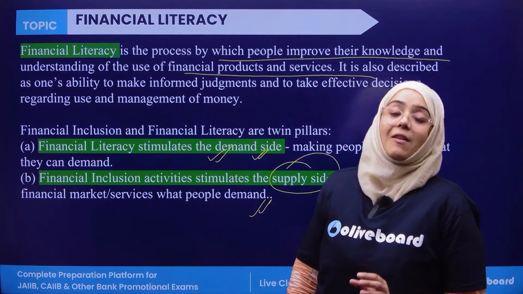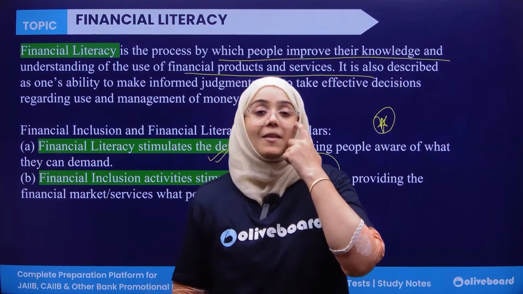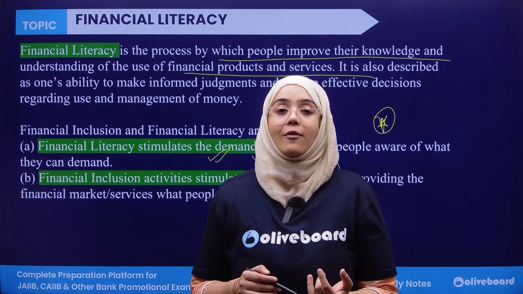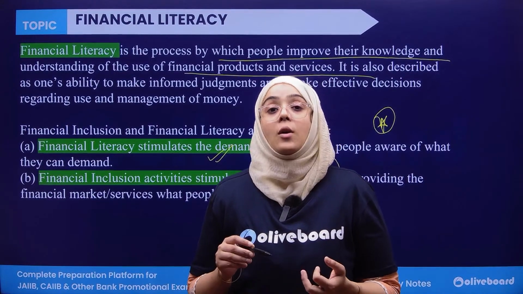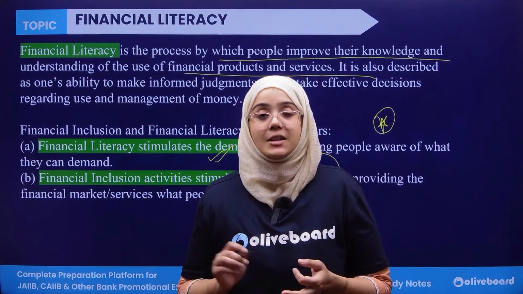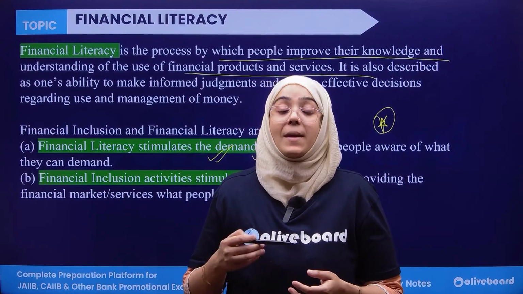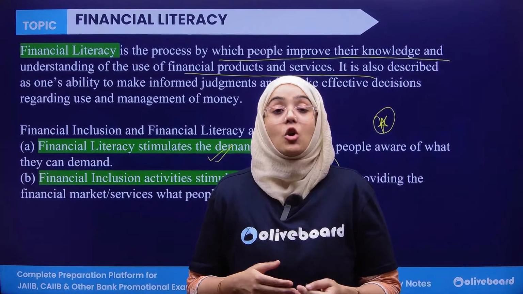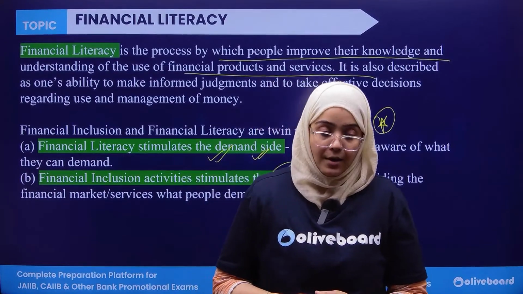So this is financial literacy and this is financial inclusion. In financial inclusion, there are different things. For example, you have to be digitally onboarded. A bank offers business correspondents and business facilitators. Banks also have payment banks, which are the main source of financial inclusion and offer small saving accounts to individuals.